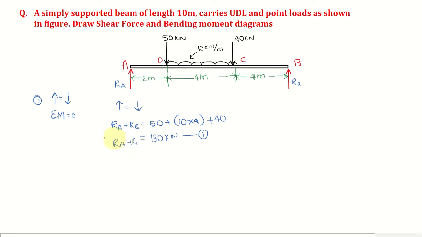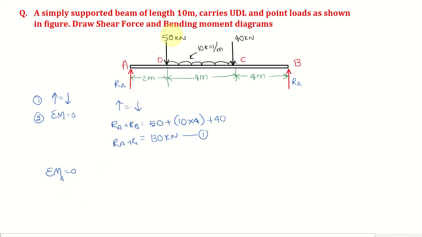So we need to check the second criteria, that is sigma M is equal to 0. So sum of moments about any point is 0. So here I am considering the point A. So moment, as you know, is force multiplied by perpendicular distance. Let us check it.